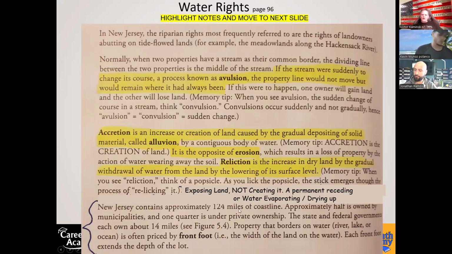We have approximately 124 miles of coastline, with about half owned by municipalities, a quarter under private ownership, and the state and federal government own about 14 miles, for military bases, Coast Guard and such.